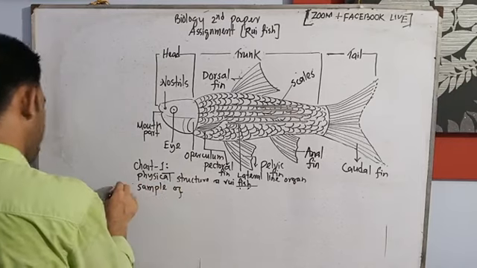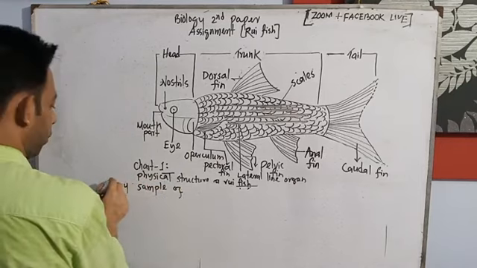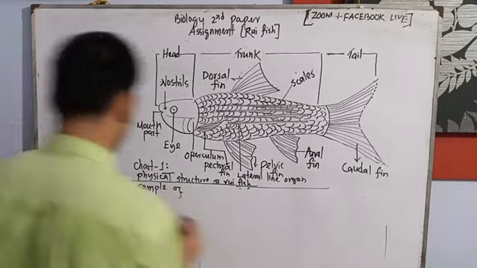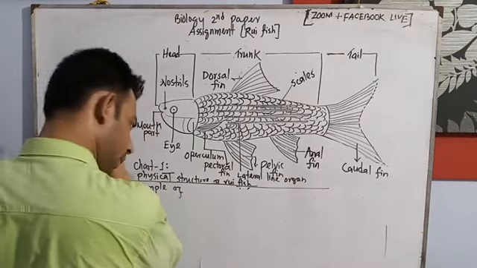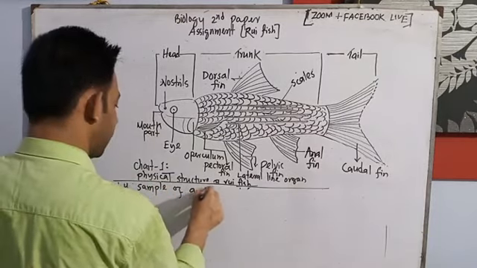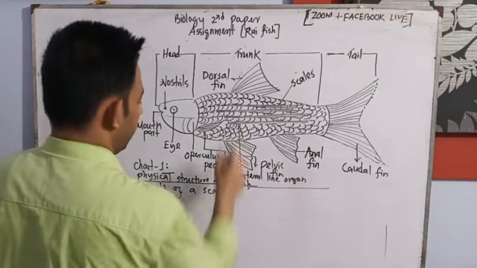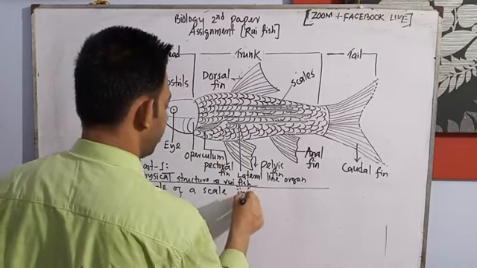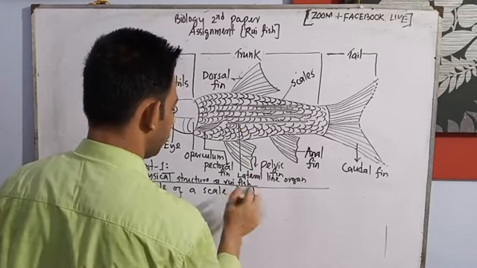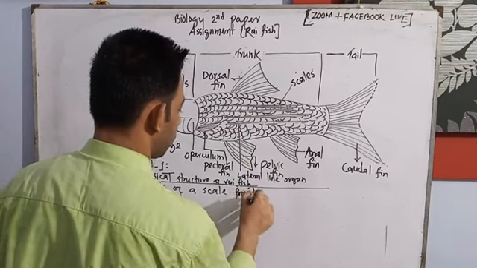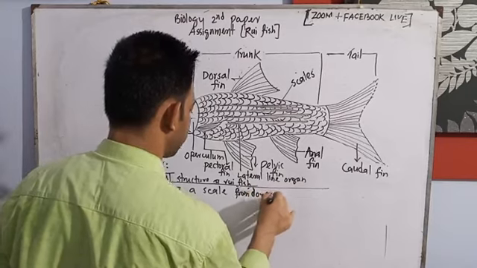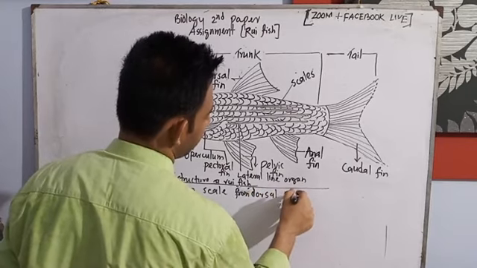This is 1.4, another one. Sample of a scale from the dorsal part, or dorsal scale. You can write accordingly.